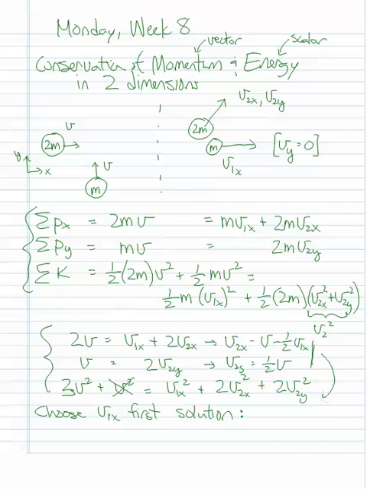And then I'm going to take both of these and plug them into the third equation. And so it's going to look like this. It's going to be, and I better start on the next page. So I have 3v squared equals v1x, that thing I'm trying to solve for, squared, plus 2 times v2x, and v2x is v minus half v1x, squared.